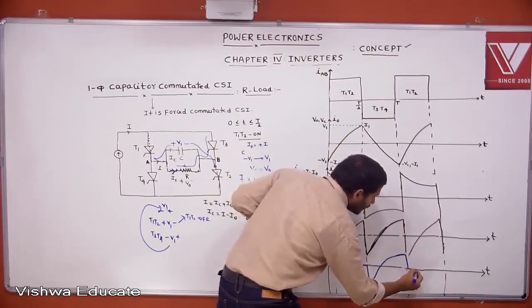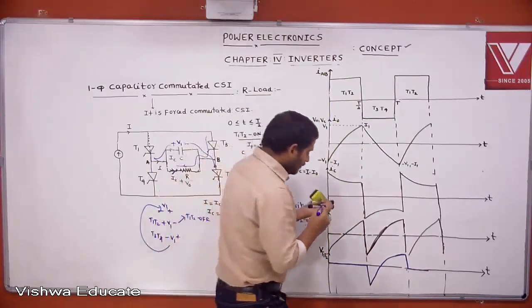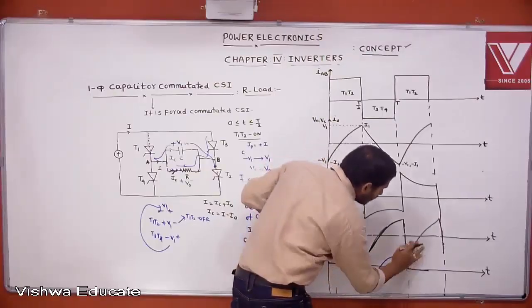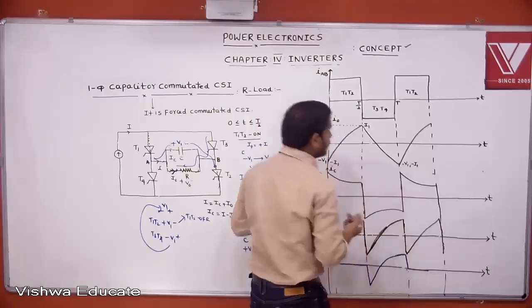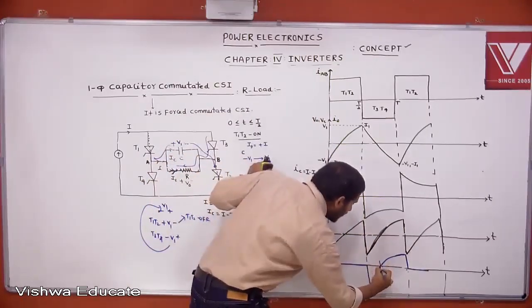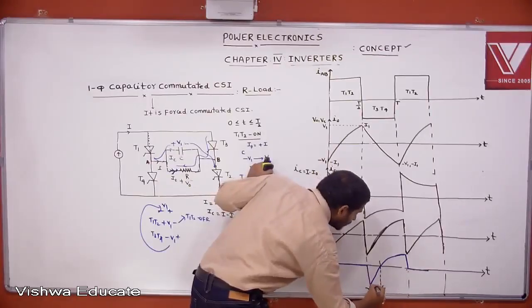Here T1, T2 is conducting. This time, for which the reverse voltage appears, is the circuit turn-off time Tc.